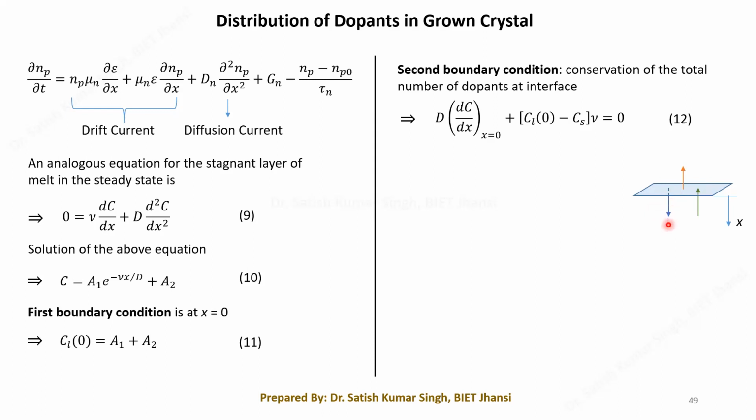You know that diffusion takes place from higher concentration to lower concentration. As I already explained, the concentration of the dopant material will be maximum at this top layer, and then as we go down the concentration will keep decreasing. So there will be a net diffusion of this dopant in this direction.